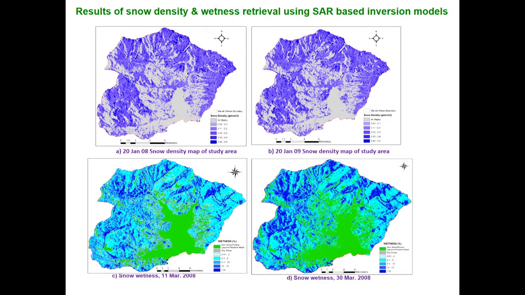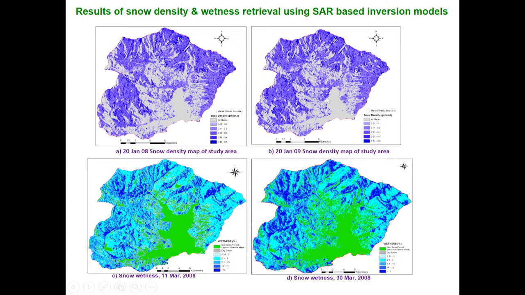As I told you, there is a relationship between the dielectric constant and the density and the wetness. If we can estimate the dielectric constant, which we can do using SAR, active microwave remote sensing data, we can correlate that dielectric constant with the wetness and the density, and we can generate this kind of snow density map and snow wetness map.